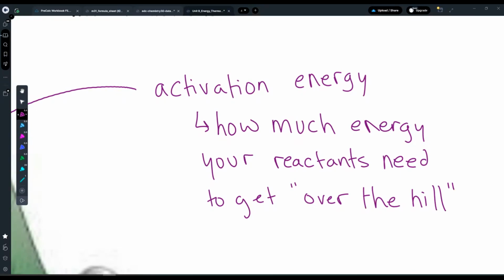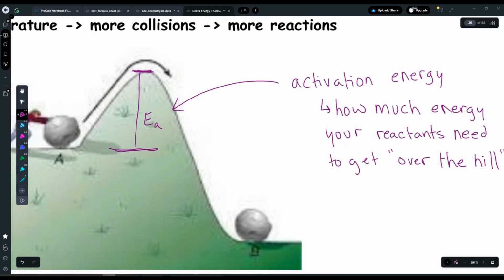You could think of it as how much energy your reactants need in order to get over the hill, so that a chemical reaction can proceed.